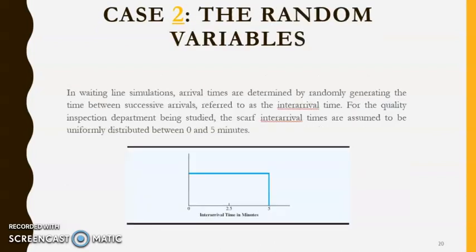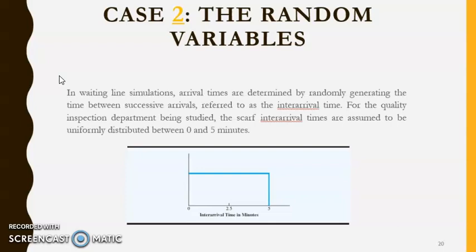The first thing that we need to know about the problem is the most important parameters and variables that we have. In waiting line simulations, arrival times are determined by randomly generating the time between successive arrivals, referred to as the inter-arrival time.